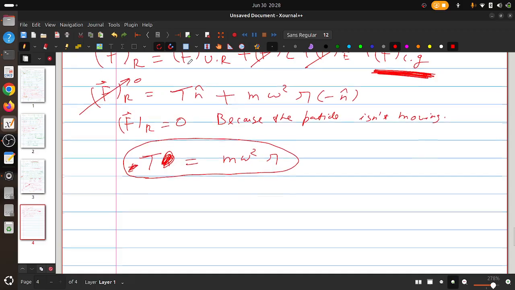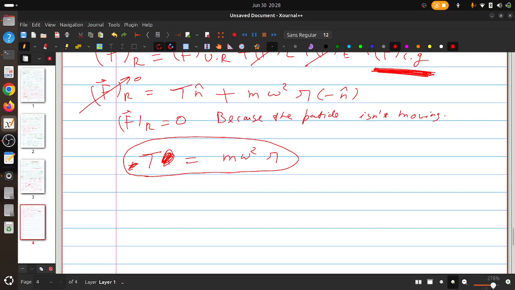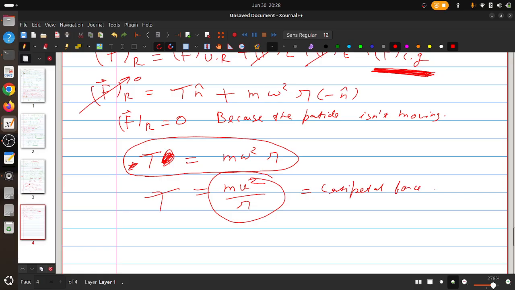So the tension should be equal to m omega square r, and this is true because this is simply m v square by r, if you are more familiar with this particular form. So m v square by r, the tension, is nothing but the centripetal force in the unrotating frame.